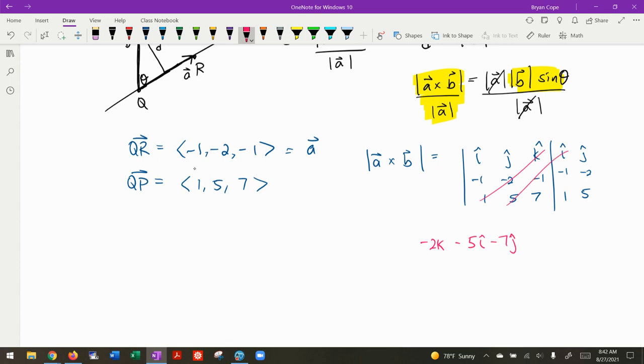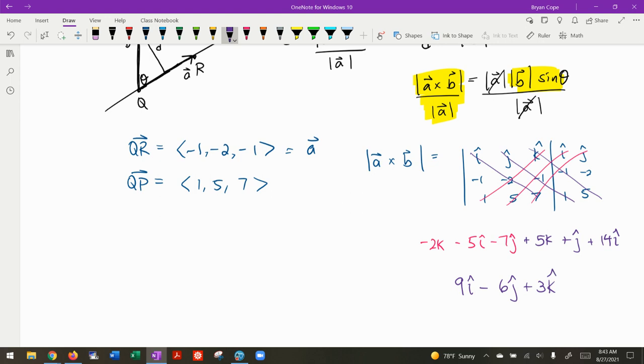So we did these as a sum. We're going to do these as a difference. So plus 5k, plus j, plus 14i. What do we have here then? 9i minus 6j plus 3k.